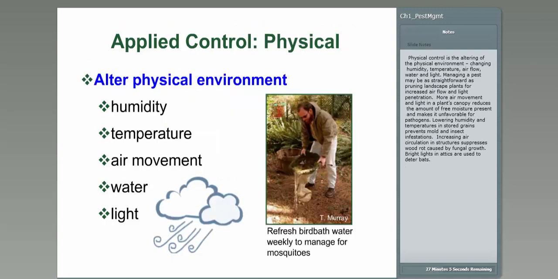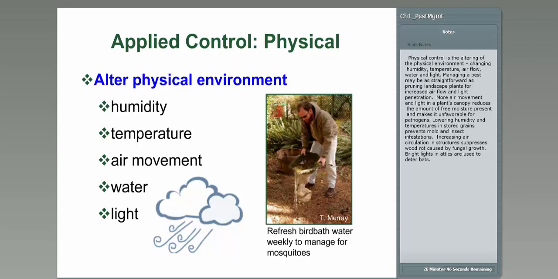Physical control is the altering of the physical environment, changing humidity, temperature, airflow, water, and light. Managing a pest may be as straightforward as pruning landscape plants for increased airflow and light penetration.